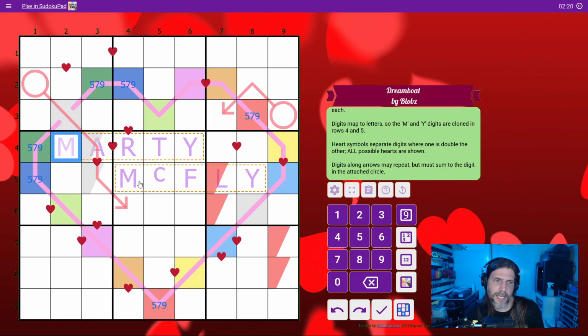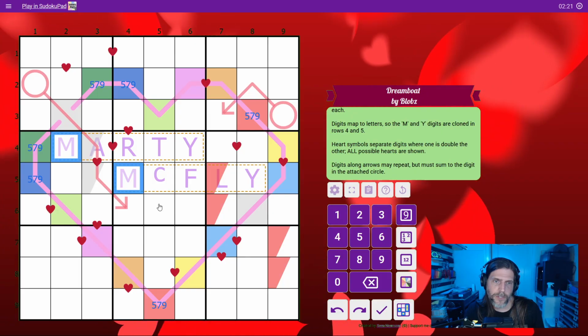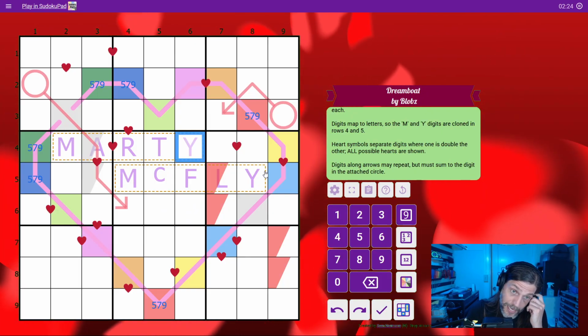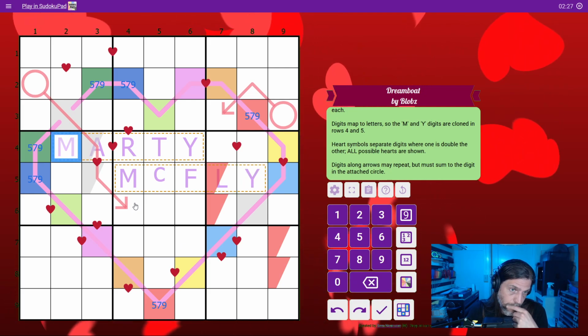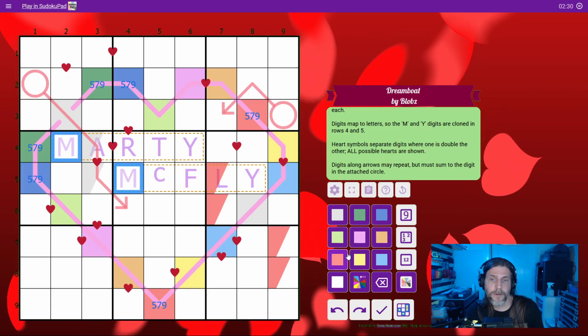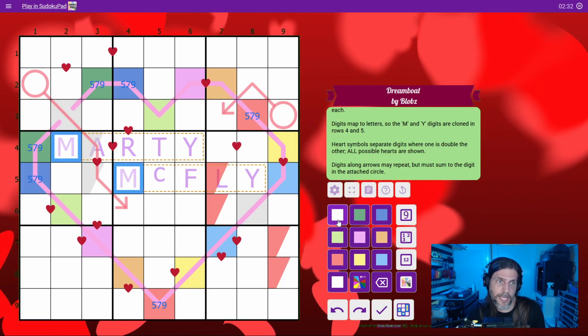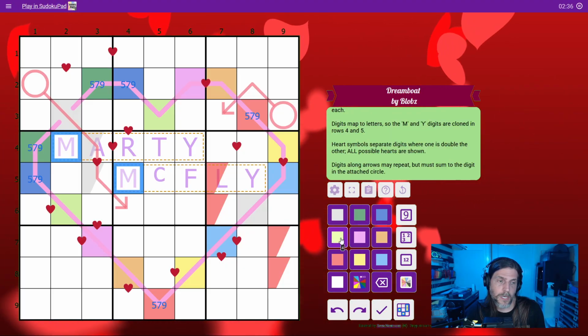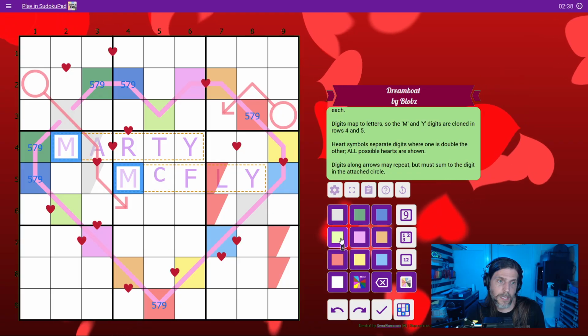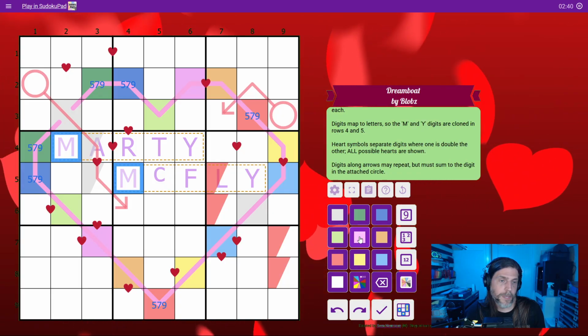And we got to remember that M's are duplicates of each other. We got to remember that Y's are duplicates of each other. So M, for example, is not gray, nor green, nor blue, nor light green. It could be pink.